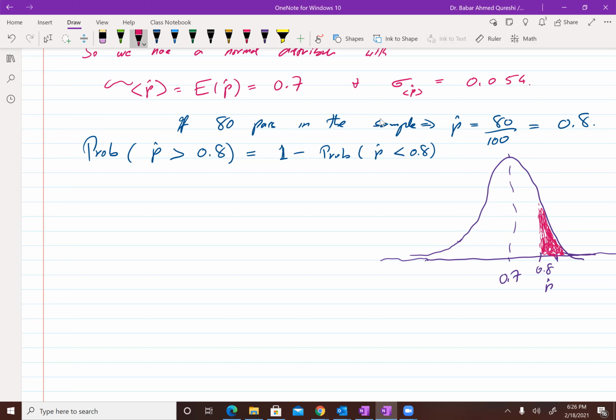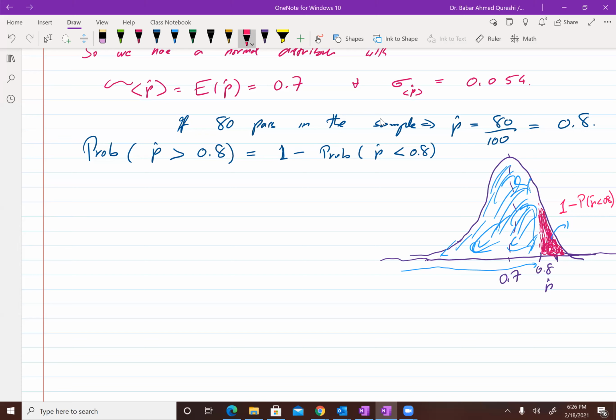But in the calculators which are given, or in the chart you are given, you are told how to compute this area. This red area is just 1 minus this blue area, which is the probability of p hat being less than 0.8.